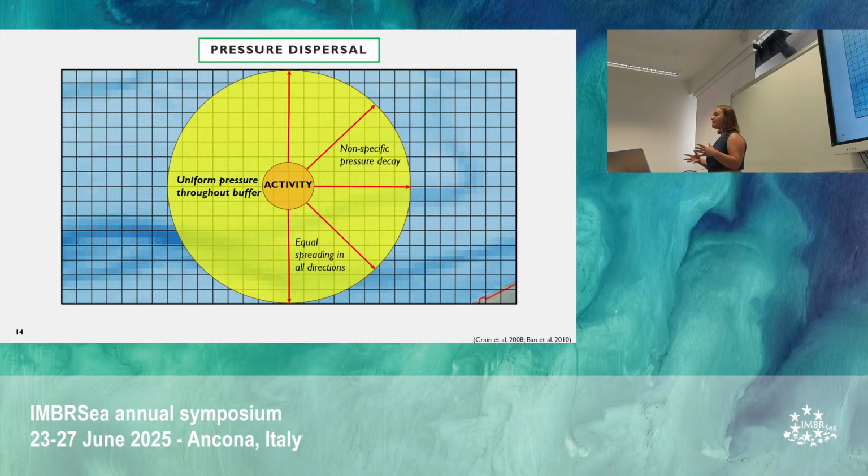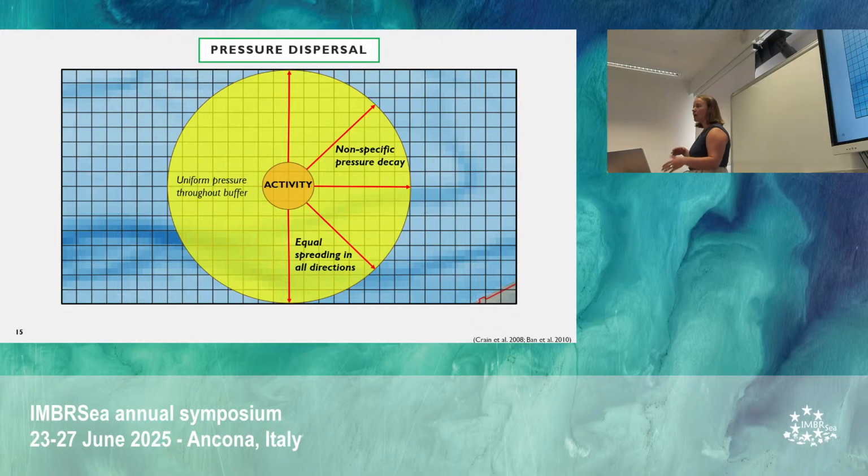And so there are many different methods in how people have tried to quantify dispersal, with several limitations. Some methods try to apply a uniform buffer around an activity, saying within 1 kilometer from the activity you can see the dispersal of the pressure, but this is assuming a uniform effect across that buffer.